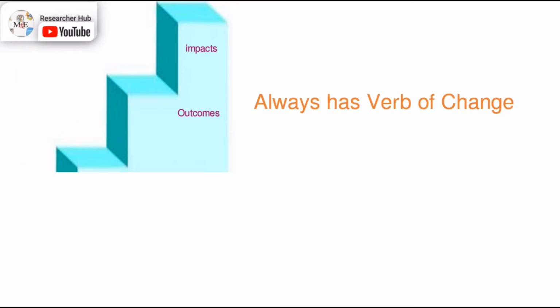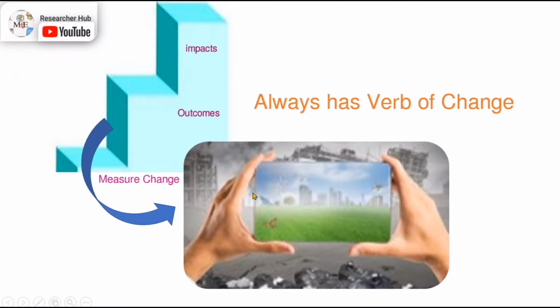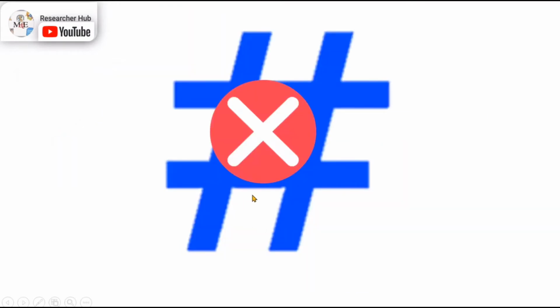There are many more verbs of change that can be used in impact and outcome indicators. I just mentioned three, but there are a lot more. You can explore, or you may experience something different from here. Once again, just to emphasize, this indicator is used to measure change.